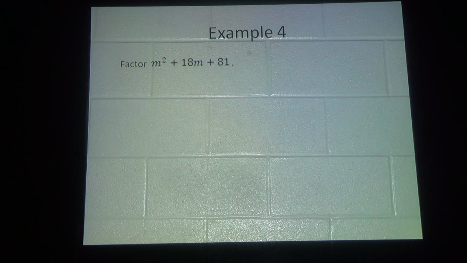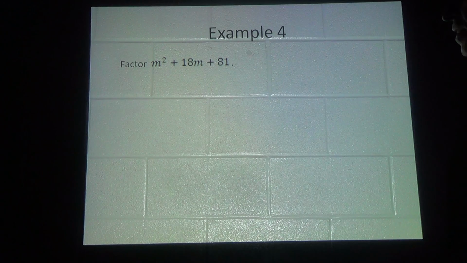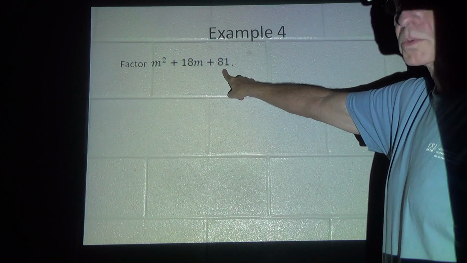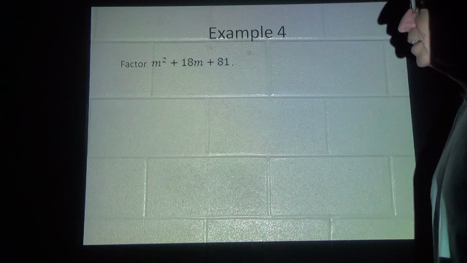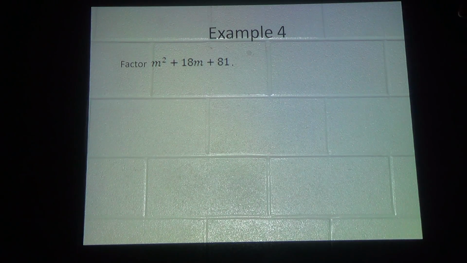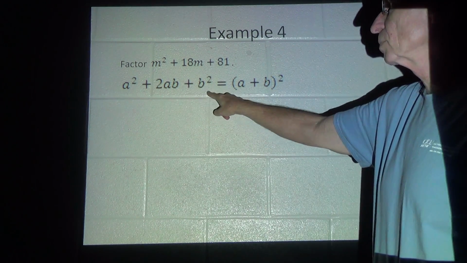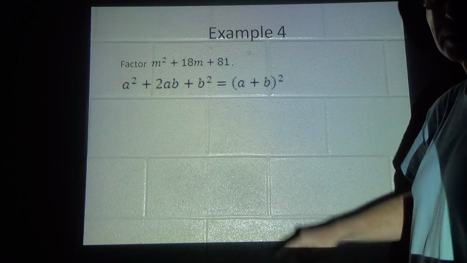Okay, let's look at example 4. They want us to factor m squared plus 18m plus 81. Okay, if we take 81 and take the square root of that, we know that it's 9. 9 plus 9 gives us 18. So this means that we can use one of those templates. So a squared plus 2ab plus b squared is equal to (a plus b) squared.